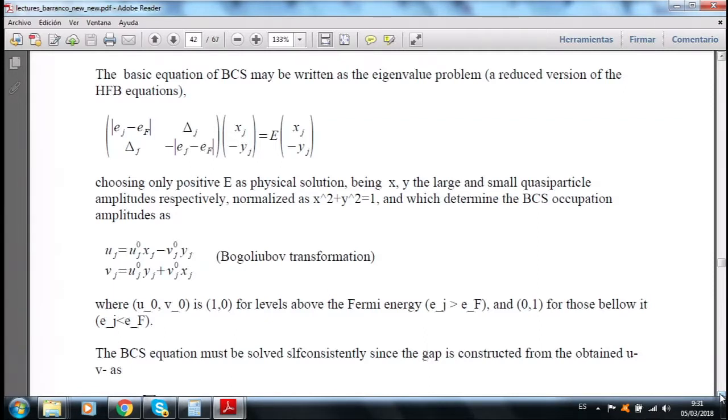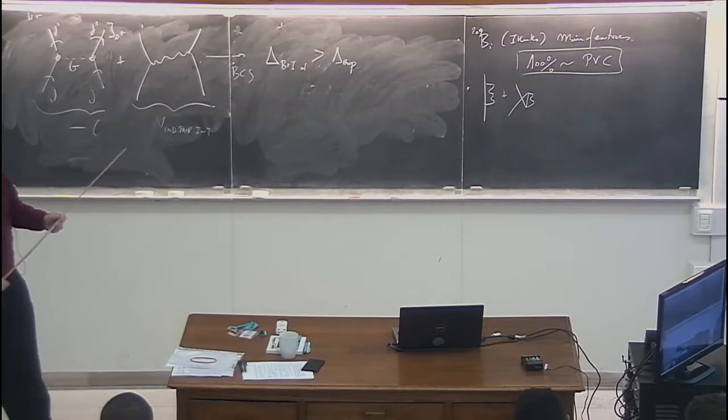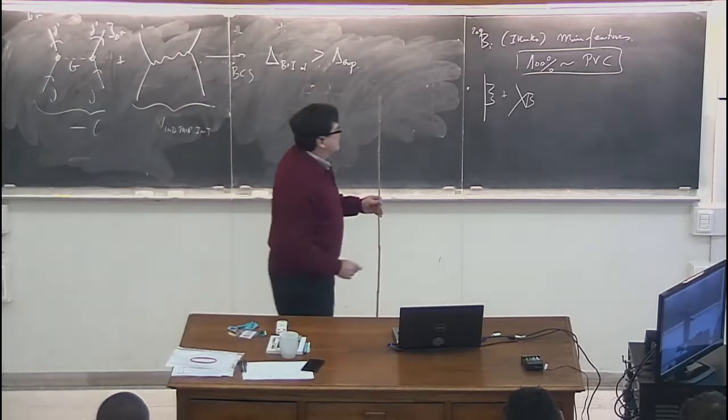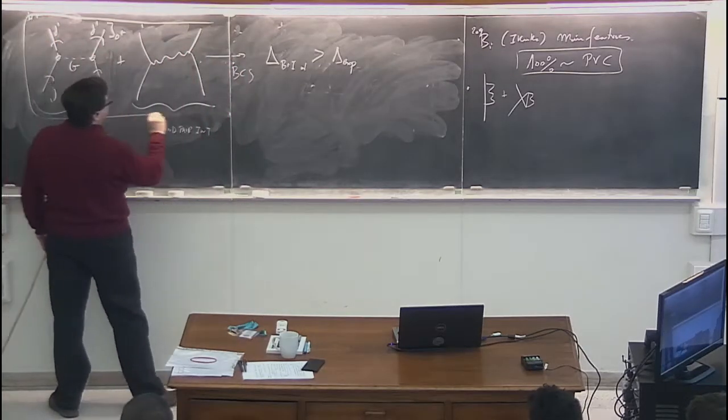But you obtain a gap, summing bare plus induced interactions, which is sizably larger than the experimental one. Well, the reason for this is that this way of proceeding is too simple.